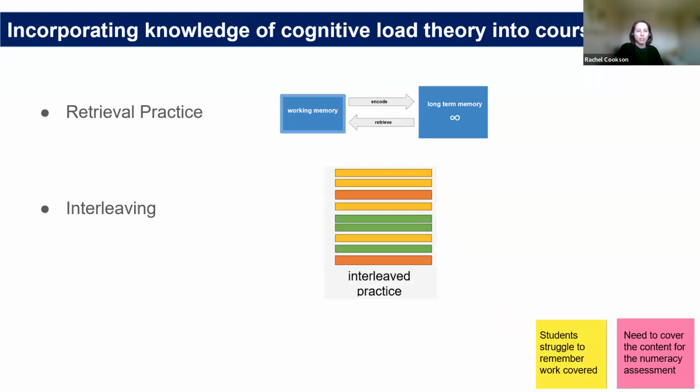With regards to 2 other principles that we had up on the screen before, we've not quite covered these, but I feel it's important to just refer to them. I think it's because retrieval practice and interleaving feel much more on the lesson level.